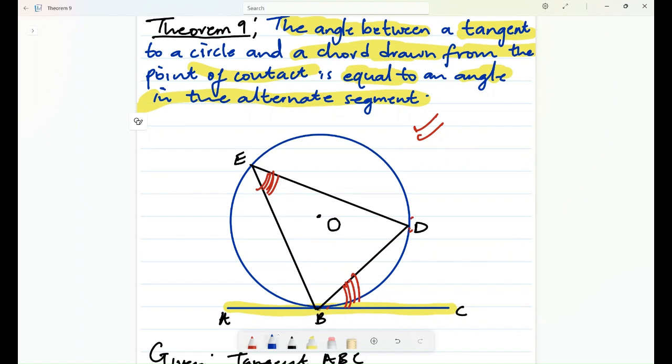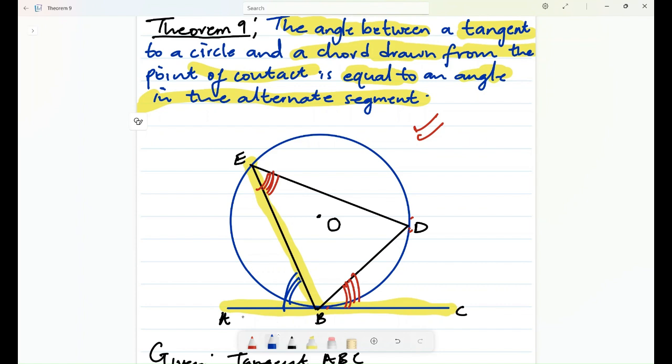This is still my tangent, AC. But what if I'm talking about this chord here? This is also a chord from a point of contact. Remember, a chord is a line that touches our circumference twice, here and here. So this is also an angle between a tangent and a chord drawn from the point of contact.